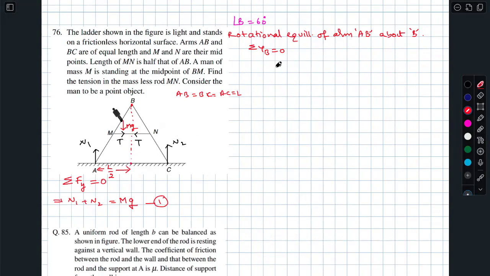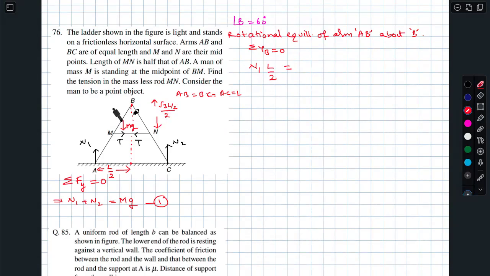So in this case, torques, all clockwise torques, first write one side. N1 L by 2. That is the only clockwise torque. About B, tension contributes what? See, remember, this distance is √3 by 2.